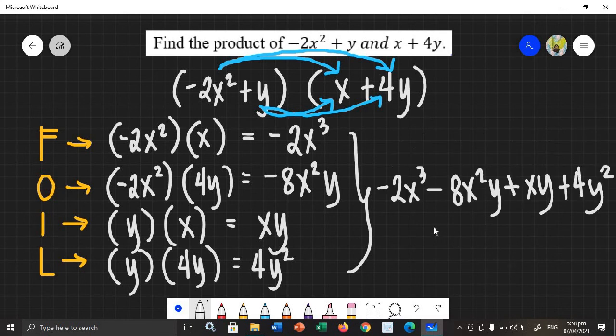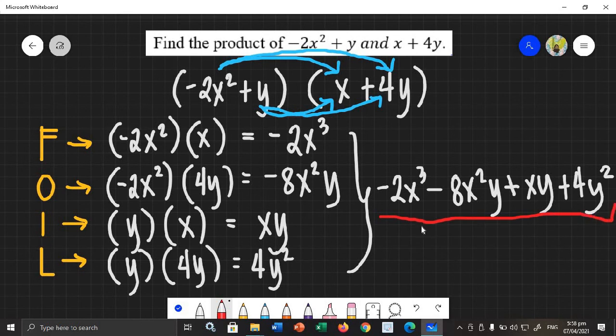So observing your product, let's take a look at the literal coefficients. If they have the same literal coefficient, we can combine them. So in the first term, x raised to the third, x raised to the second, y in the second term, xy in the third term, and y squared in the fourth term. So basically, there are no terms with the same literal coefficients. Therefore, this is now your product.